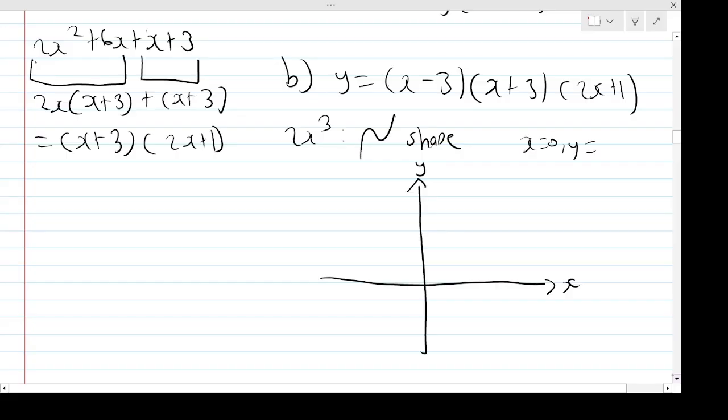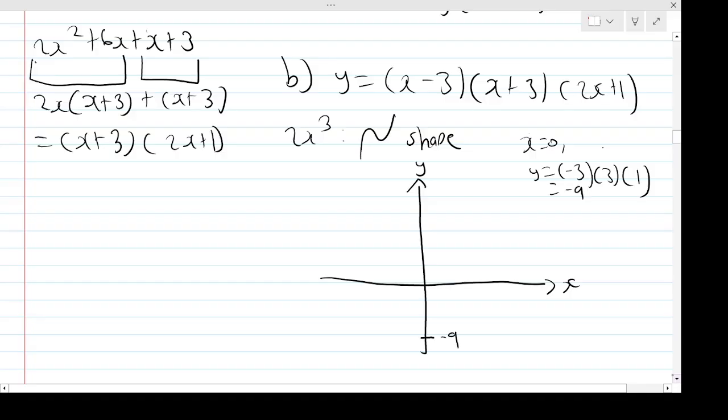But if x is 0, then y, if I plug in 0 into here, it'd be minus 3, and then plus 3, and then 1 there. Okay, so minus 3 times 3 times 1 is minus 9. So that is where it intersects the y-axis, which would be down here, say.